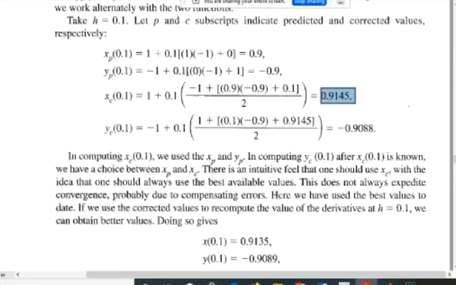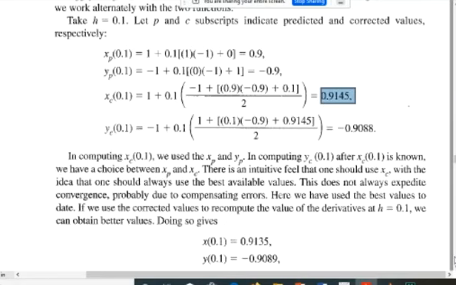This is an intuitive feeling that one should use the corrected value of x or xc with the idea that one should always use the best available values. This does not always expedite or fasten convergence due to compensating errors.